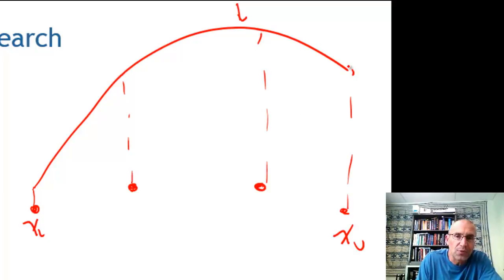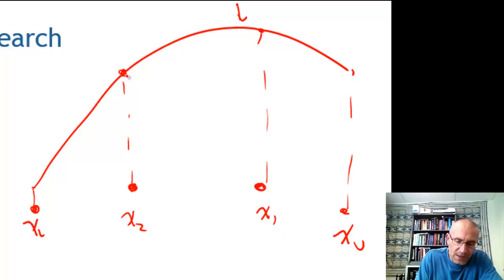And then I'm going to throw away one of these sections. Notice I need to have 2 points because, for example, if I didn't have the left one, and I just evaluated the function here, here, and here, I wouldn't know which side of the function to throw out. But here, I'll call this x sub 2 and this x sub 1.